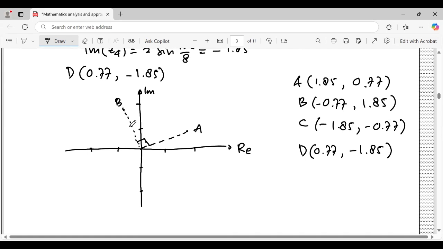Next, C is minus 1.85 here and minus 0.77 over here. Then D, 0.77 here and minus 1.85. The angular separation is pi half.